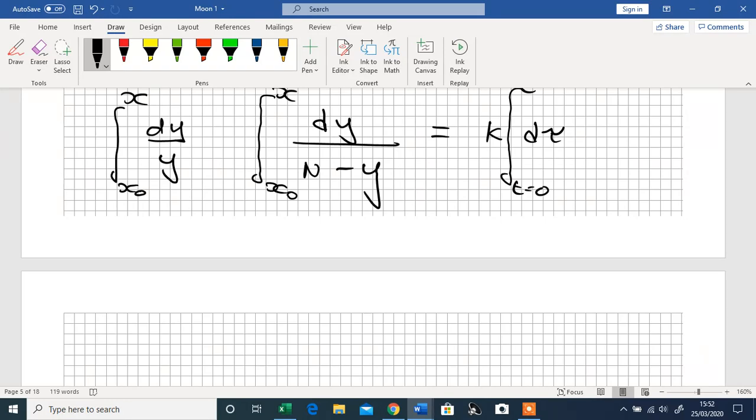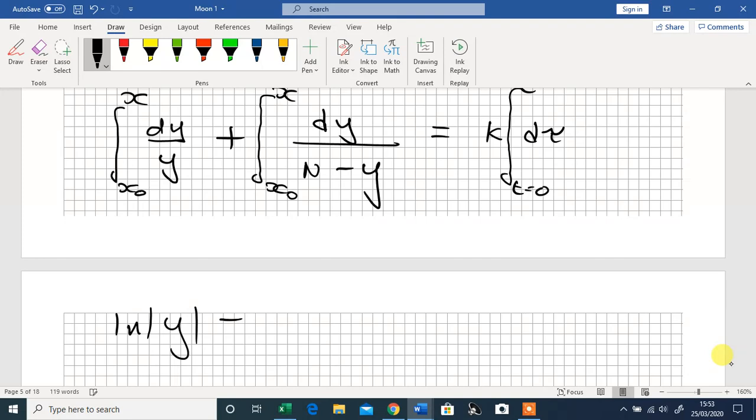But basically, if you take logarithms, if you integrate the left-hand side of that equation, you get logarithms. So I have to think carefully about what I'm saying, and that should be a plus there.